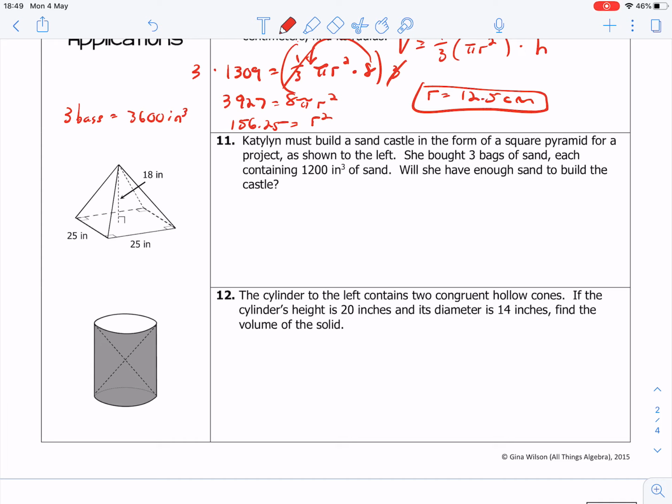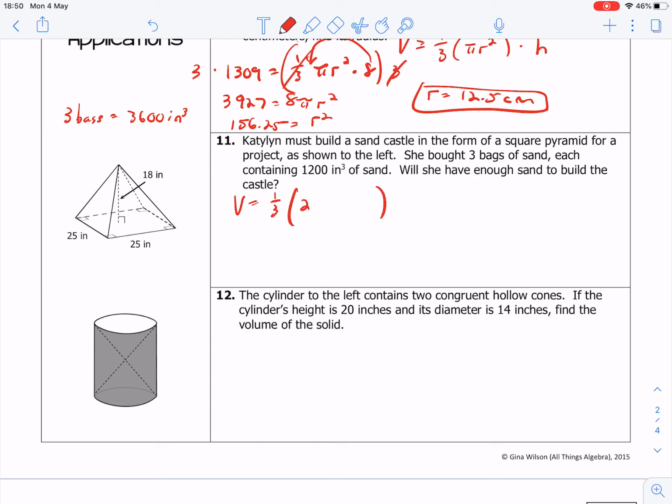So we have to see, would the volume of this pyramid be greater or less than that? Say we had less than that. That would mean she had plenty of sand. If we had more than that, she wouldn't have enough. So the volume of this would be 1/3 times the area of the base, like we would do for a regular square pyramid.